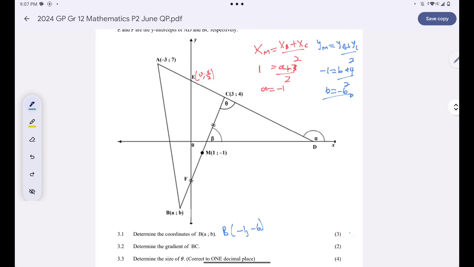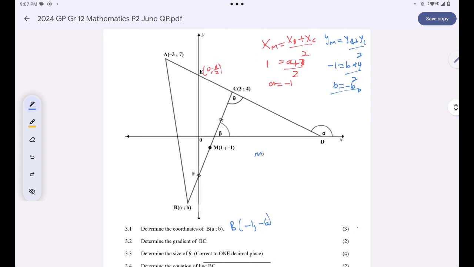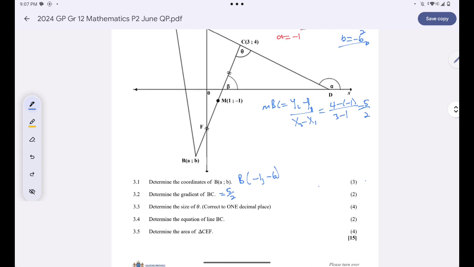So the gradient of BC, I can simply use any 2 points which are on the line BC, right? So I can use C and M. I have 4 minus negative 1, then 3 minus 1, which would give me 5 over 2. So the gradient of BC is 5 over 2, right?